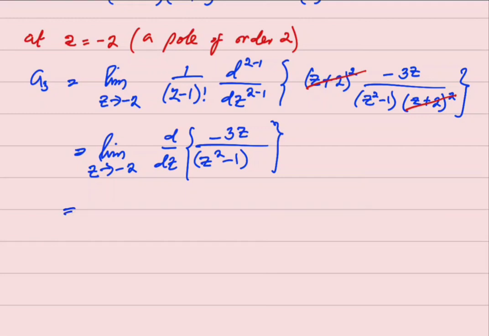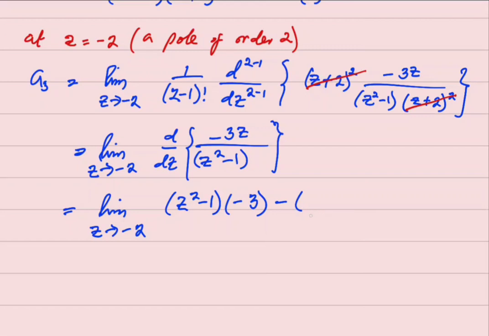So by the time you do your differentiation using quotient rule, we have limit as z goes to minus 2, then we have z squared minus 1, then into minus 3, then minus minus 3z into 2z.